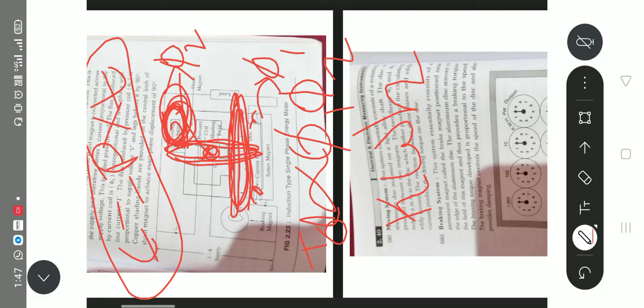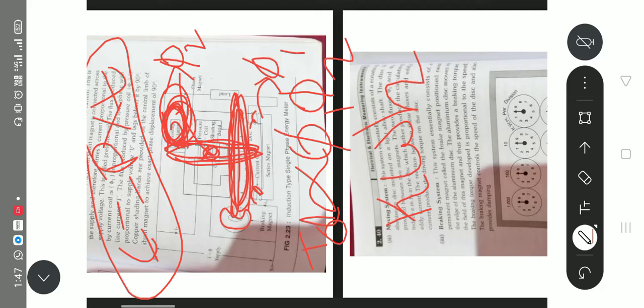Sometimes the aluminum disc will run very fast or very slow. That is the error in the aluminum disc. We can rectify that error using the braking magnet. In the corner of the aluminum disc, we use one braking magnet, or we can call it a permanent magnet also.